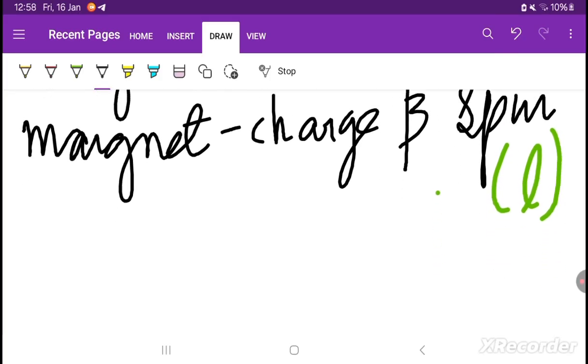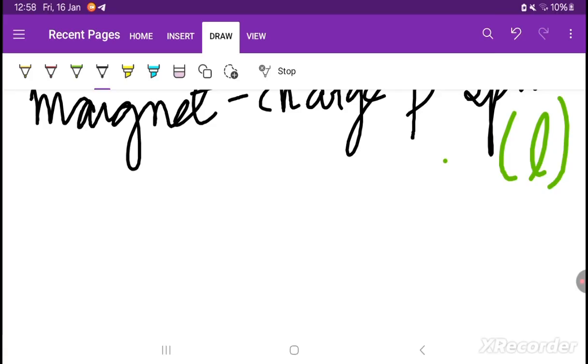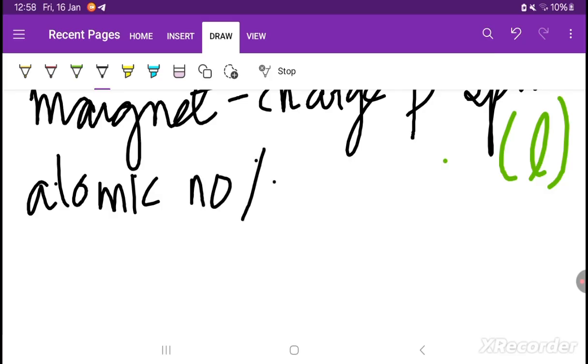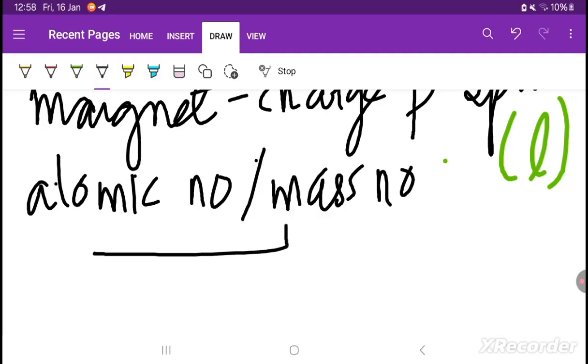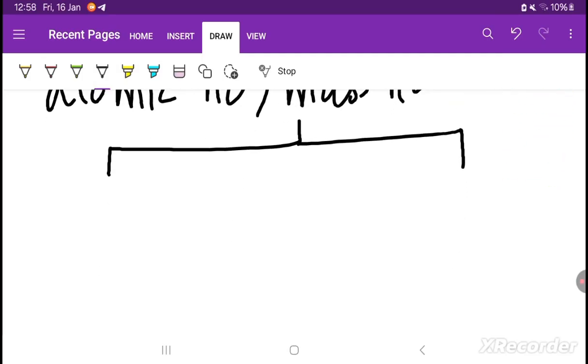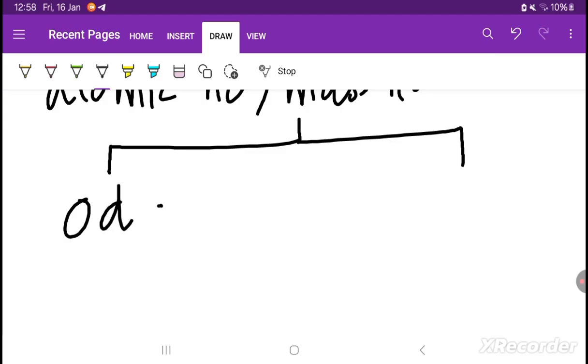So in order to find out if it is NMR active or NMR inactive, we need to find out the atomic number or the mass number of an atom. It has two possibilities: if it is odd or if it is even.